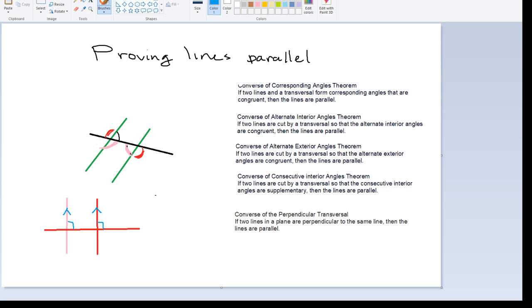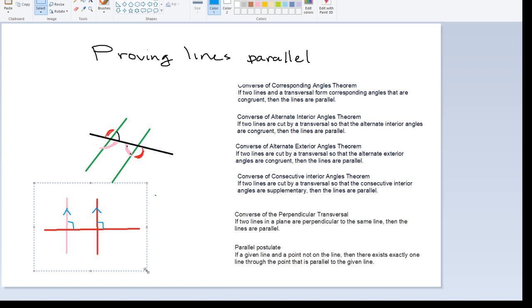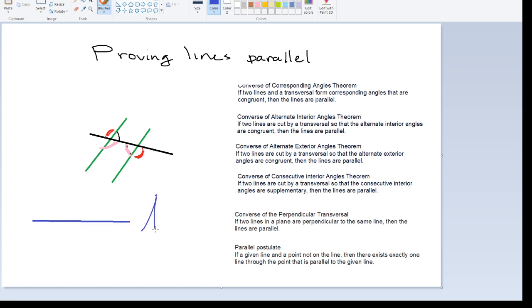Okay guys, we have one last one. We call this the parallel postulate, and basically what this says is this. Let's say I have a line, let's call this line L, and I have a point not on line L, a point here.